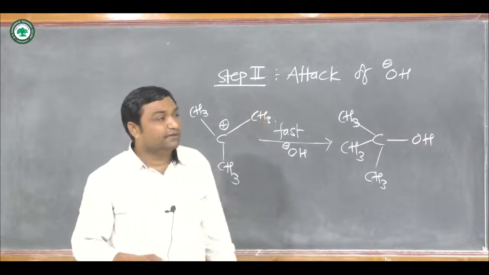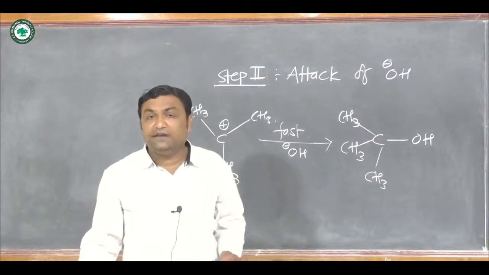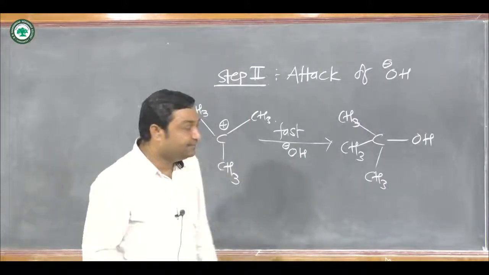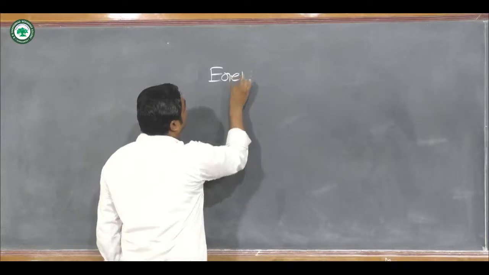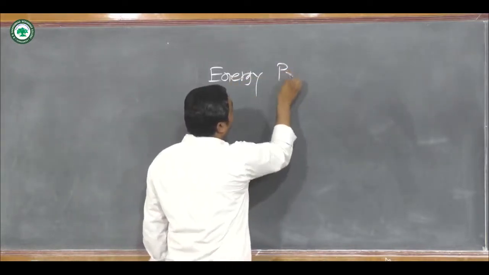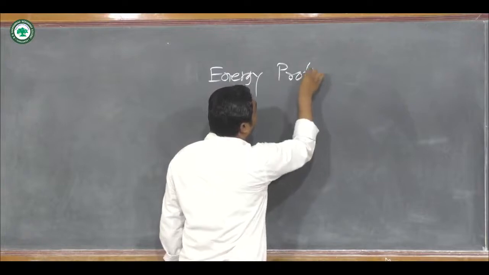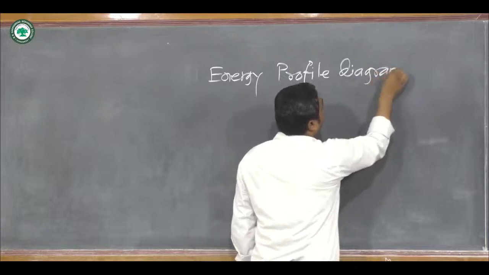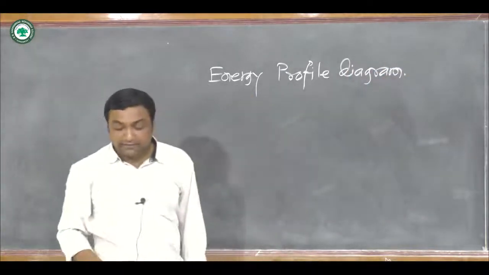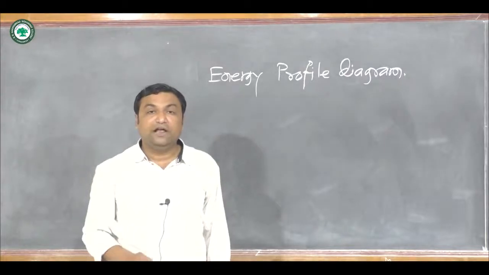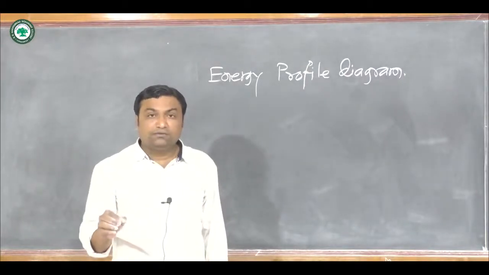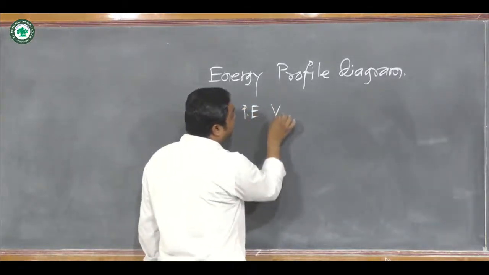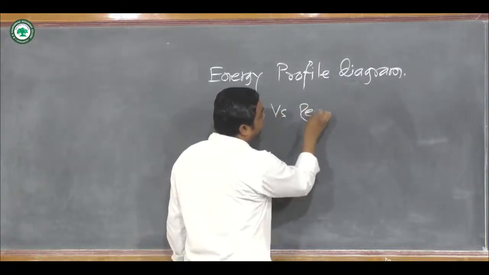Now, the next part of this reaction after its mechanism is the energy profile diagram. We know that the energy profile diagram of SN1 reaction is plotted as potential energy versus reaction coordinate.